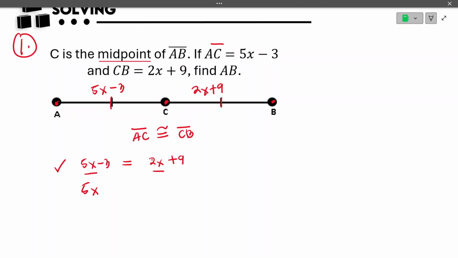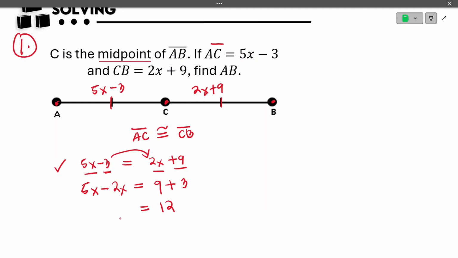So from positive 2x, it will be negative 2x. On the other side naman, we have negative 3 to be transposed. So copy lang muna natin tong positive 9. And since negative siya, after transposing, it will be positive 3. Ayan. So 9 plus 3 equals 12.